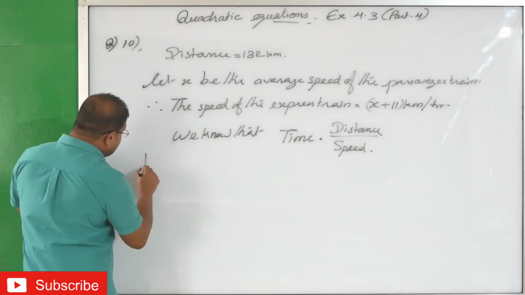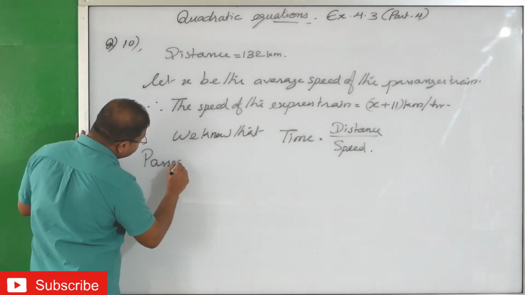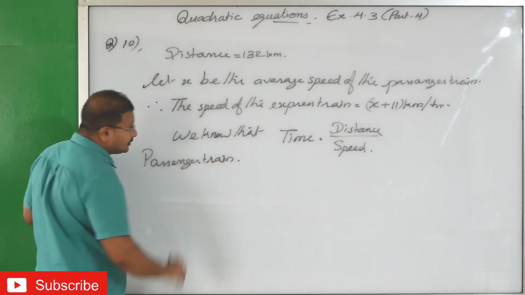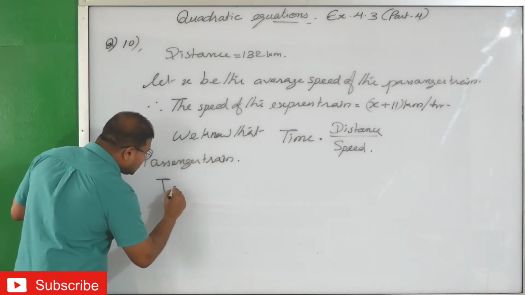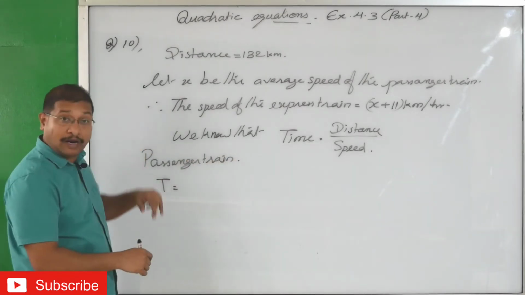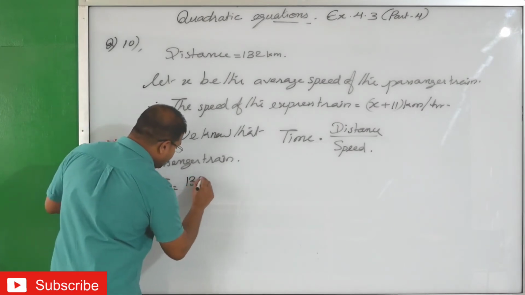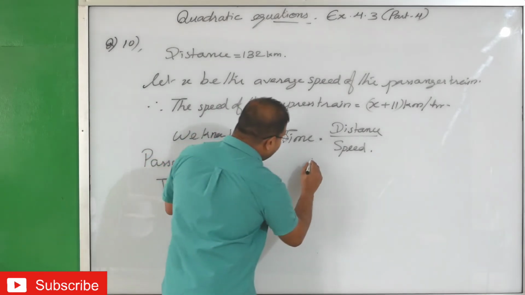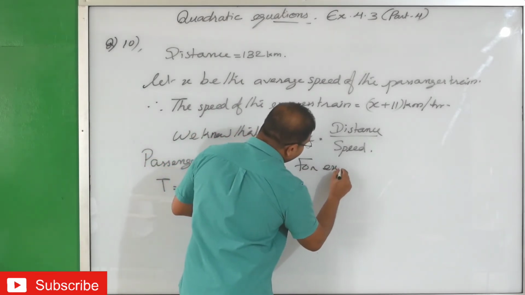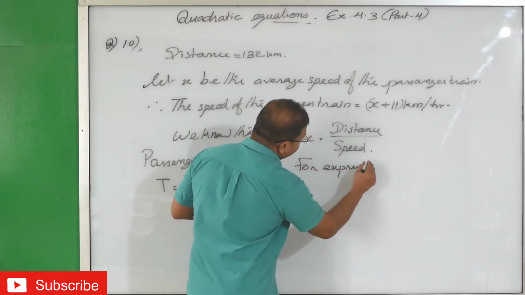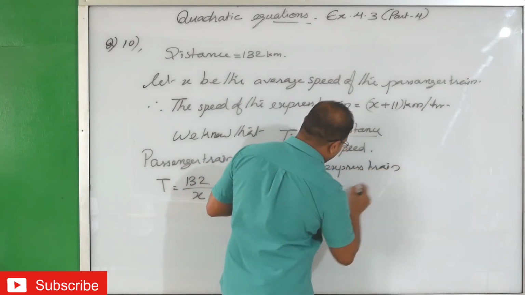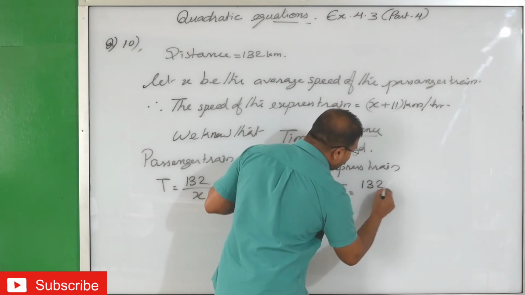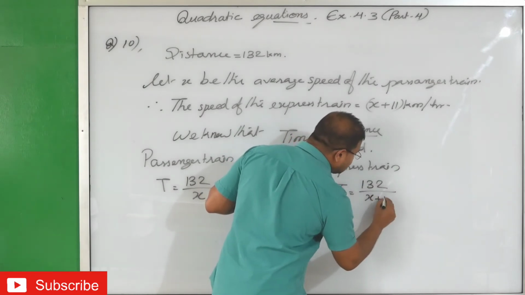For the passenger train, time equals distance, that is 132, divided by x. For the express train, the time equals 132 divided by x plus 11.